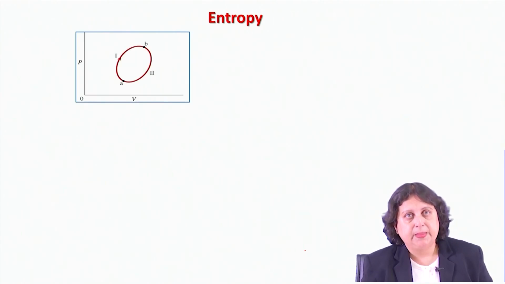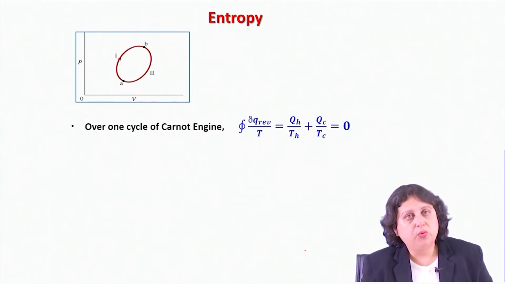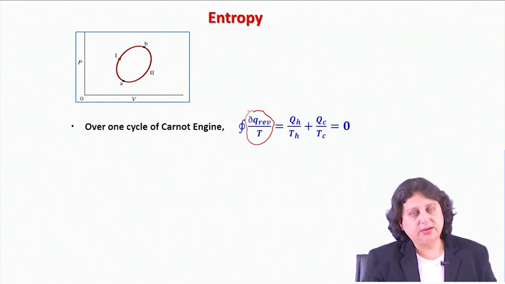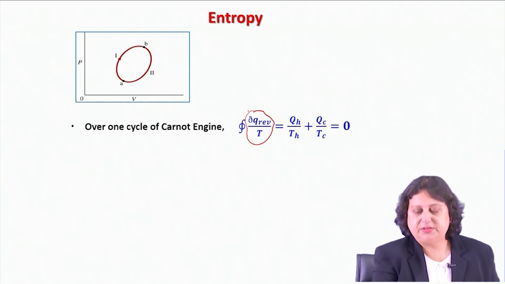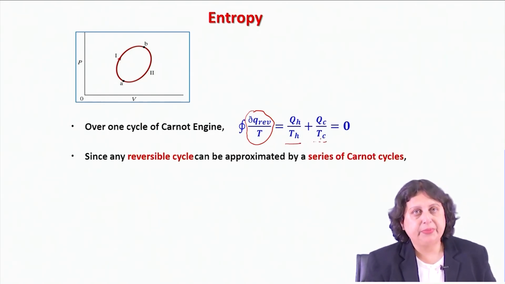Now, here I explicitly introduce to you the term entropy. So, I would say that over one cycle of Carnot engine, I can definitely write down that dq reversible by T, this expression, when integrated over a cycle, that gives me QH by TH plus QC by TC equal to 0.